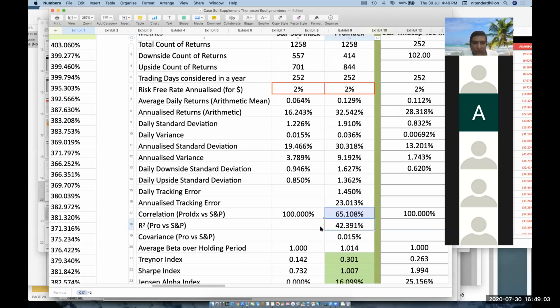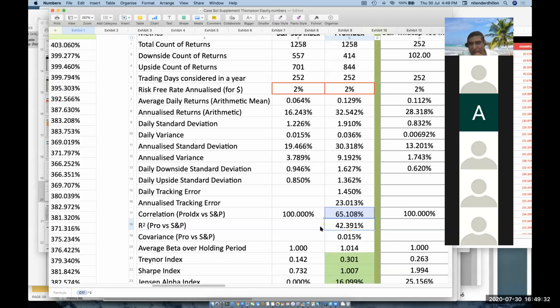So put the 42% in a sentence, put the Pro Index and the S&P index in it, and explain what R square means. The variation between the S&P and Pro Index fund is explained by the return, not return, sir. Explained by 42.391% of the data points.